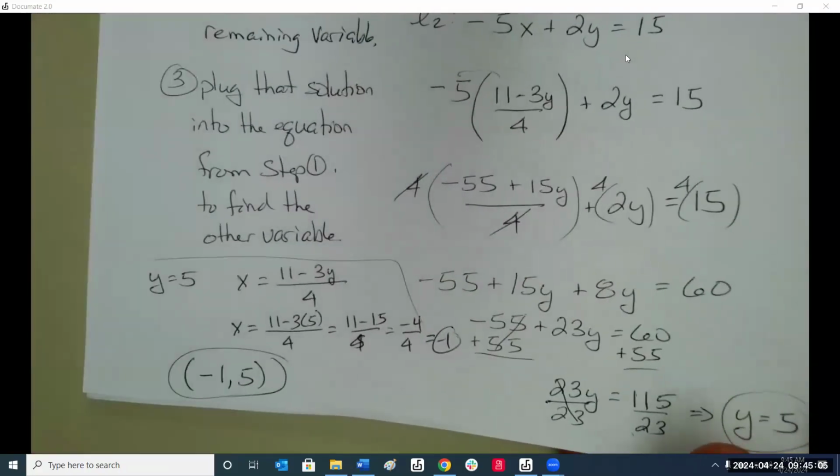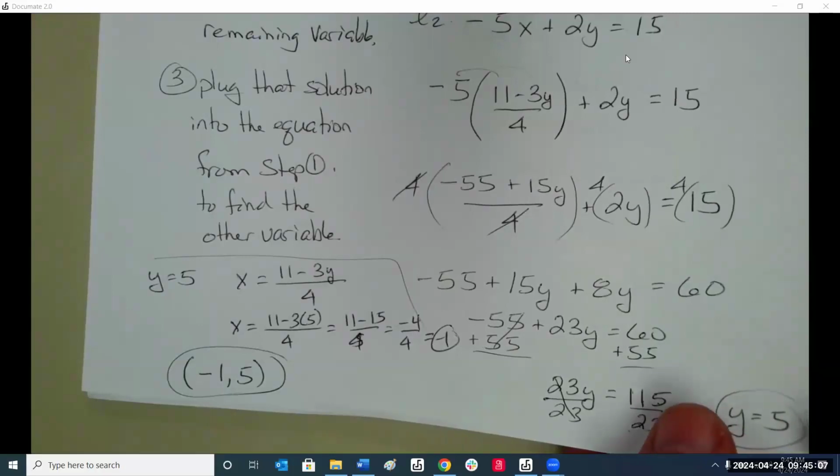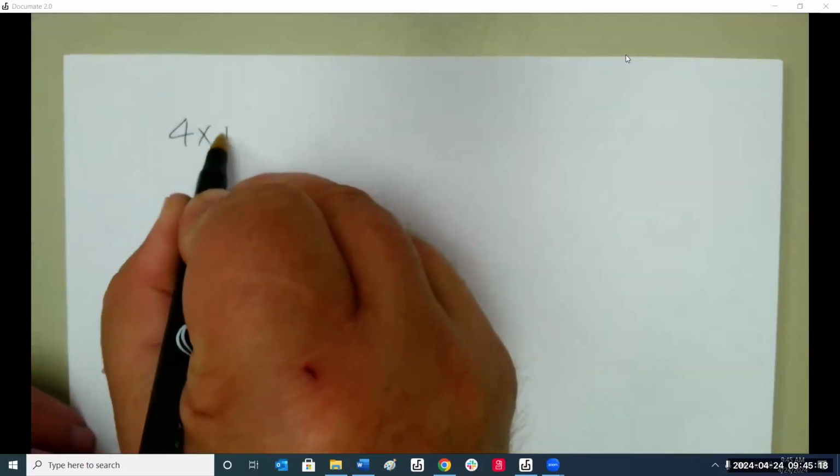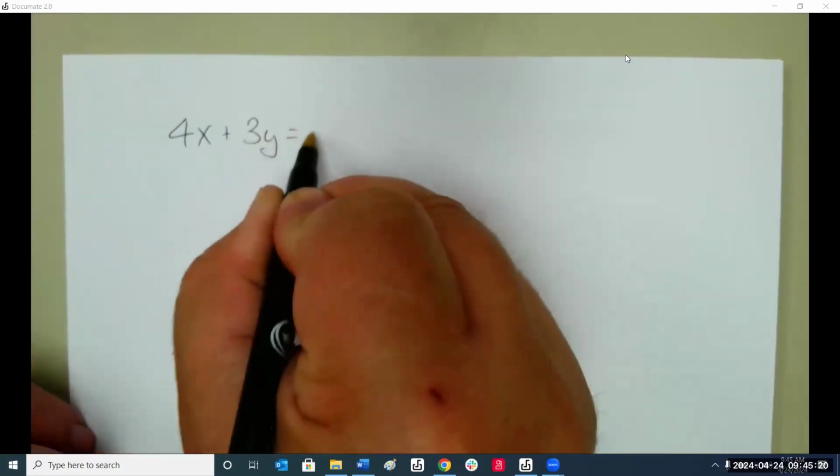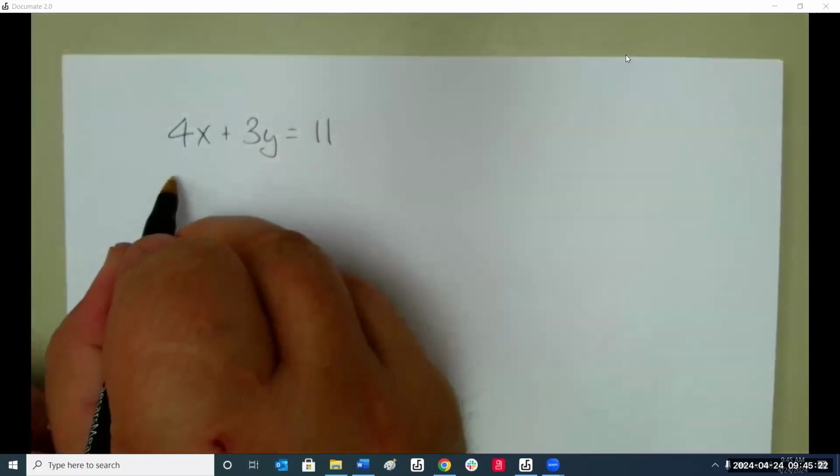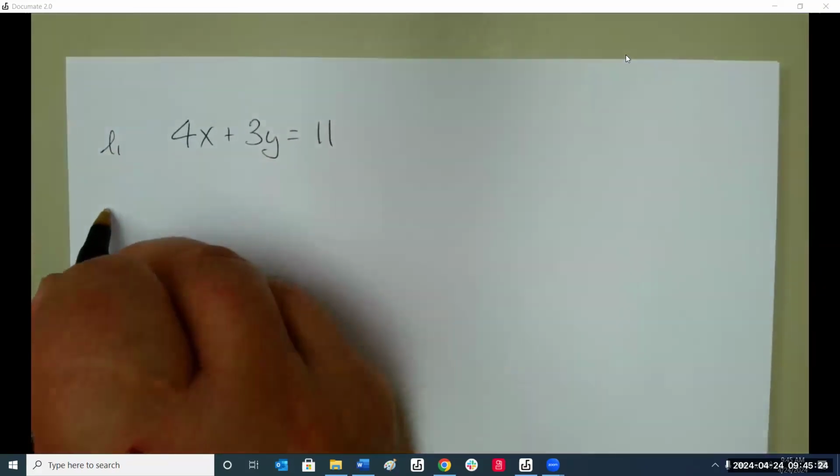Let's do the same equation using elimination this time. So we have 4x plus 3y equals 11. That's line 1.